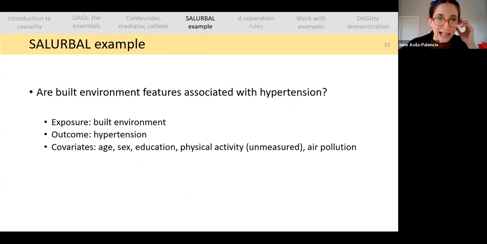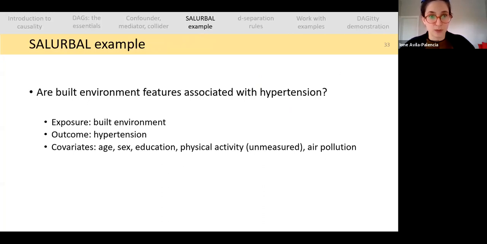So I oversimplified one SALURBAL example just to not make it too complex now. I used the question of, are built environment features associated with hypertension? This is actually one of my questions, but I know that other people are asking the same question with diabetes, obesity, so it's more or less the same idea.